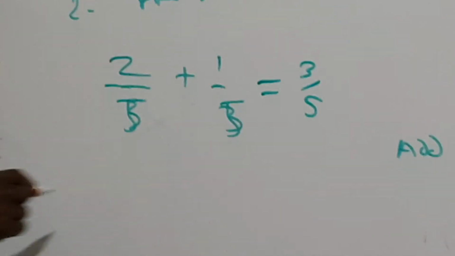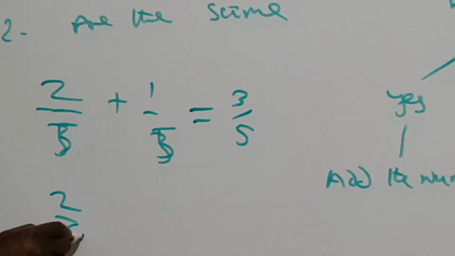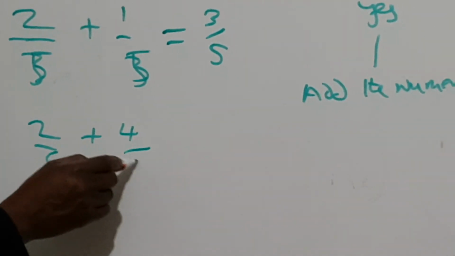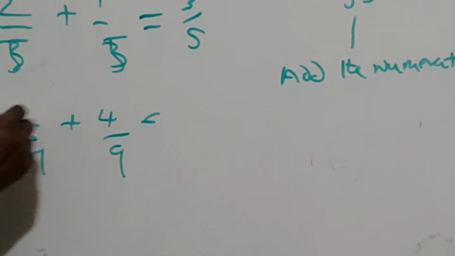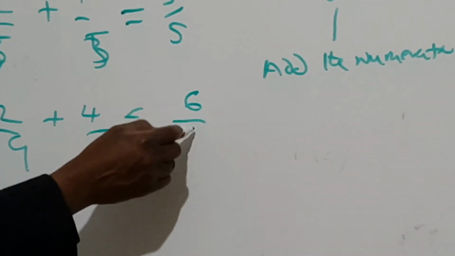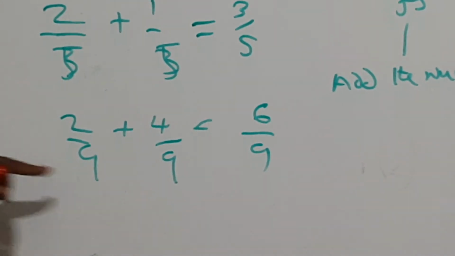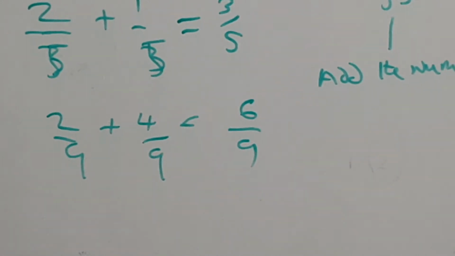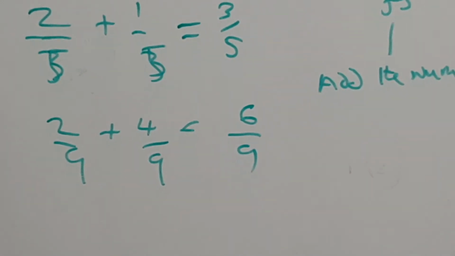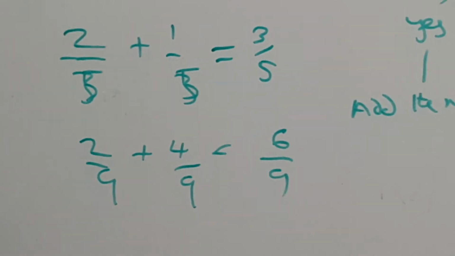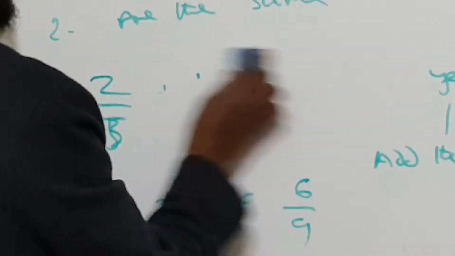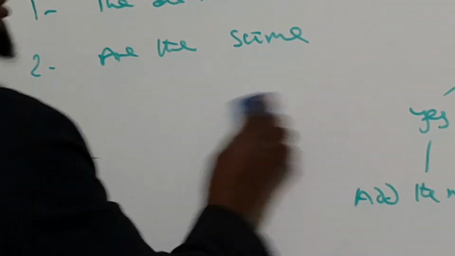Do you see? 2/9 plus 4/9, we just add the top, so 6/9, because the denominators are the same. When the denominators are the same, you just add the top. But if the denominators are not the same, then we cannot do this. We have to find the equivalent.